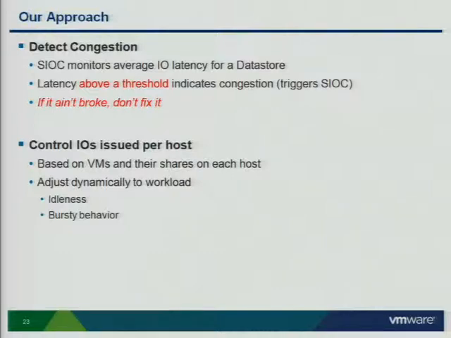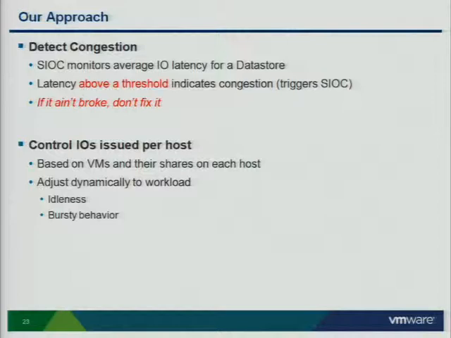This happens dynamically based on the number of VMs that you're running and the shares that the VMs have. Furthermore, it's not a static allocation. The overall scheme is very dynamic. What I mean by that is, if one VM stops sending IOs and the latency suddenly goes down, it would allow everybody else to fill in the space. I'll show that with an example later on.